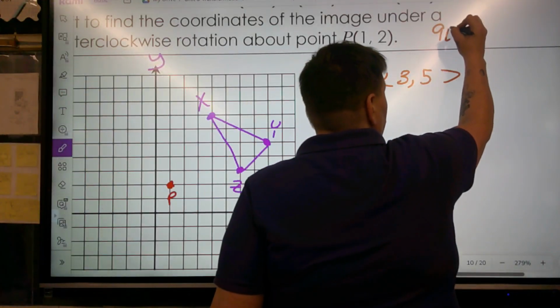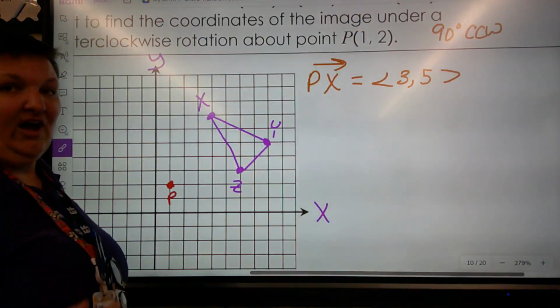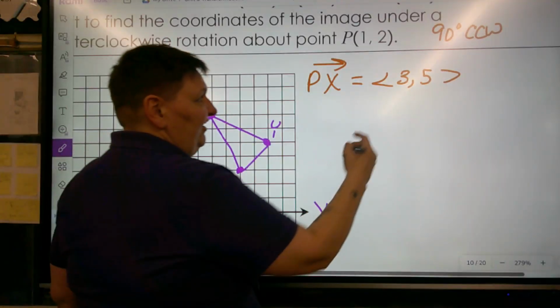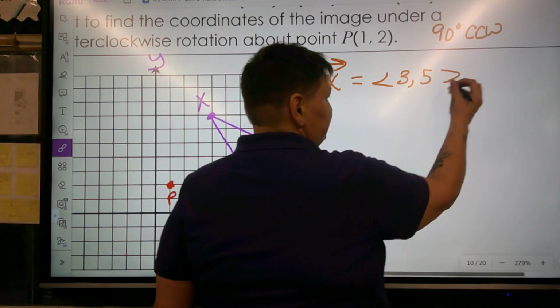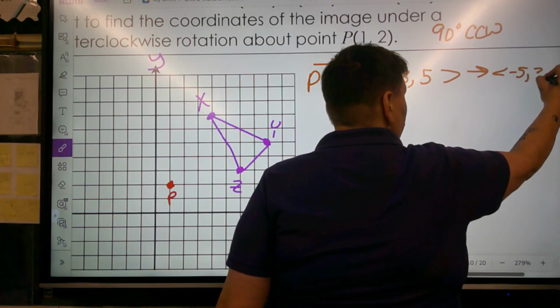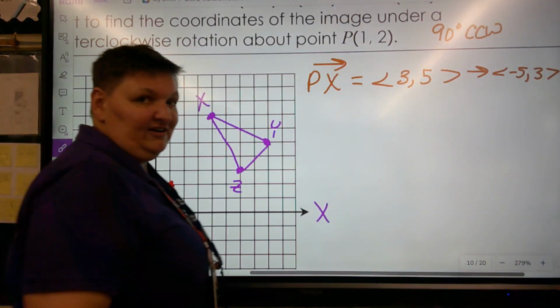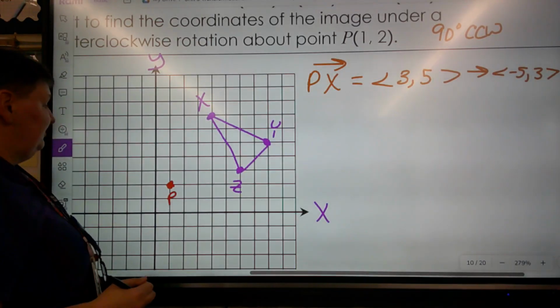For 90 degrees counterclockwise, we change the sign of our Y, and then we switch our X and Y. So positive 5 is going to become negative 5, and then we're going to switch them. So it's going to become negative 5, comma 3 is the vector or directions to our prime, right?